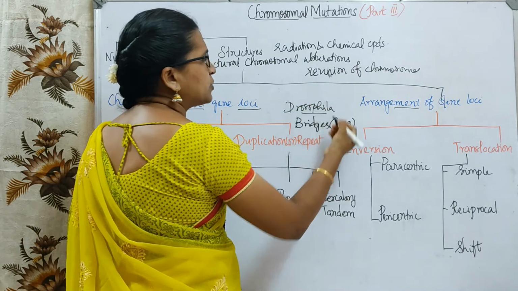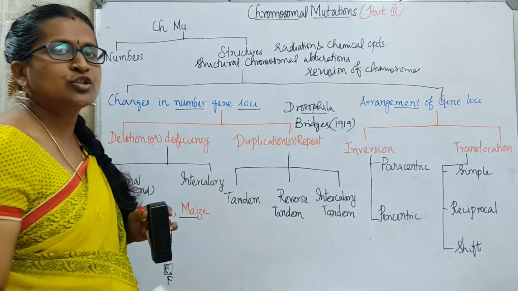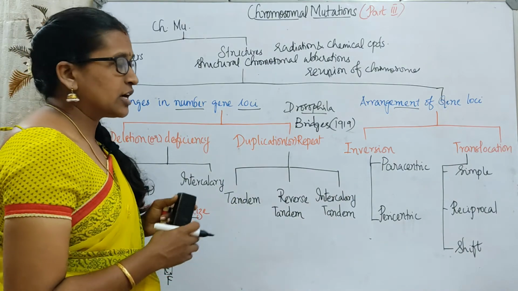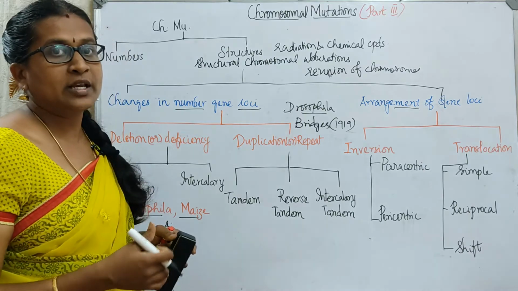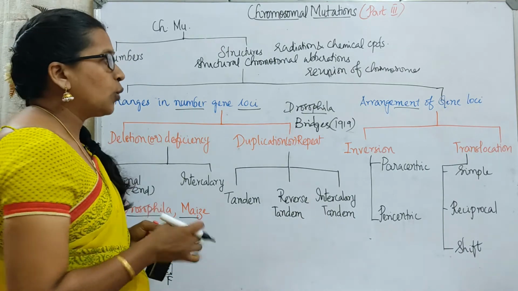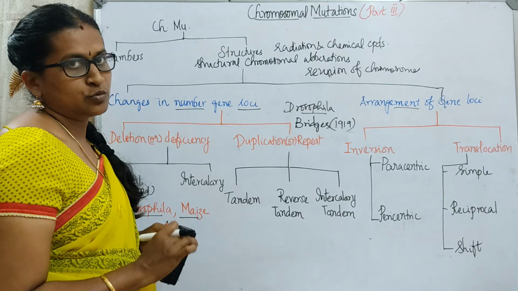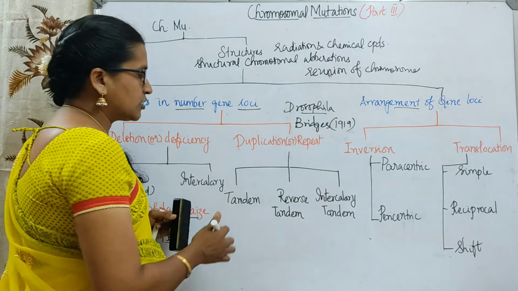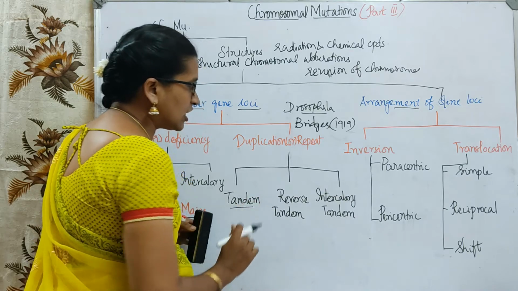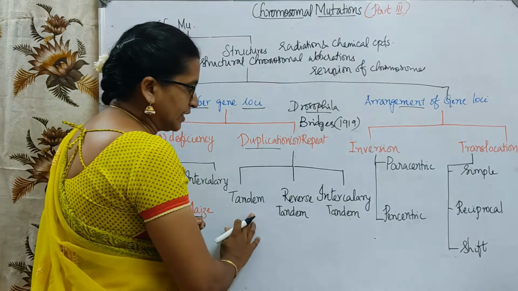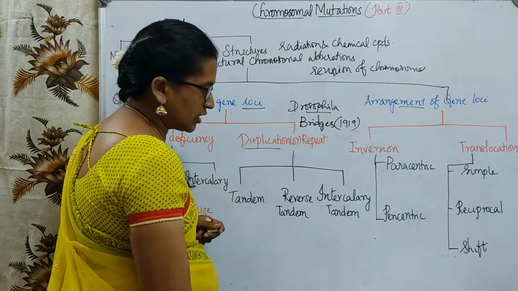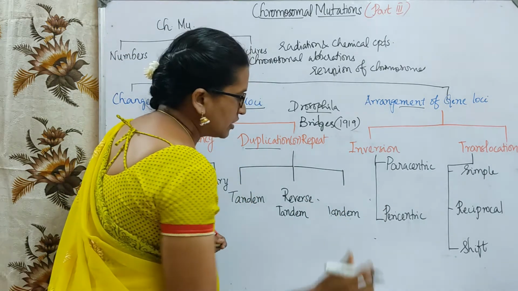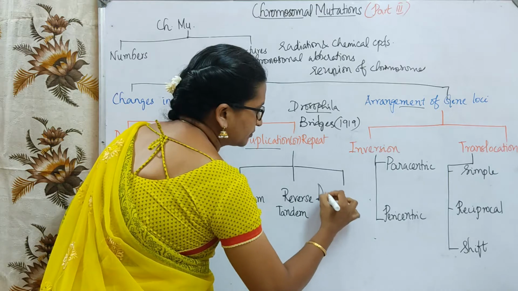Lots of experiments were done using Drosophila fruit flies: linkage, recombination, mutations, all the experiments were done using Drosophila. For duplications, we come across three types: tandem, reverse tandem and displaced tandem.